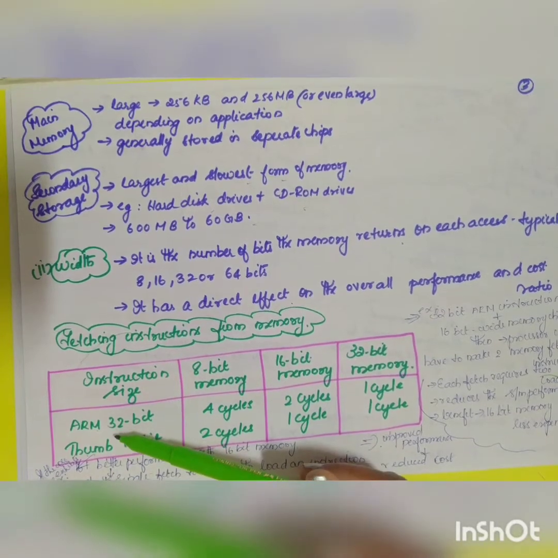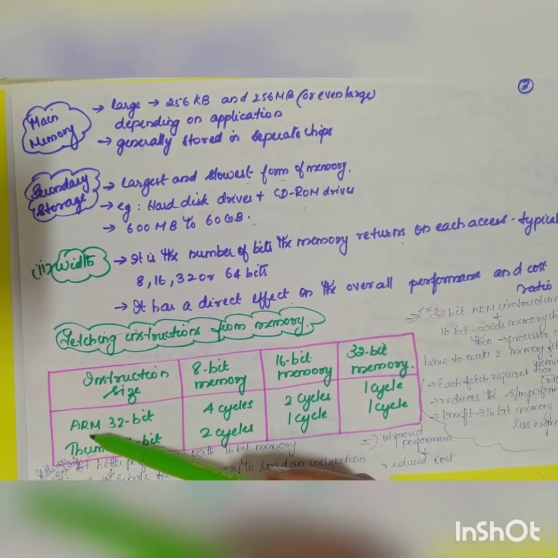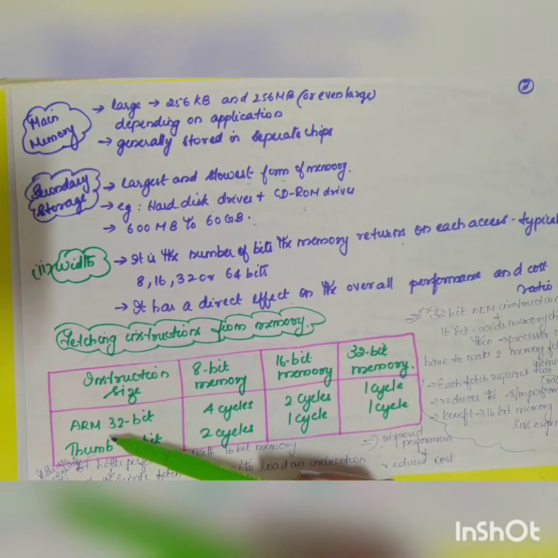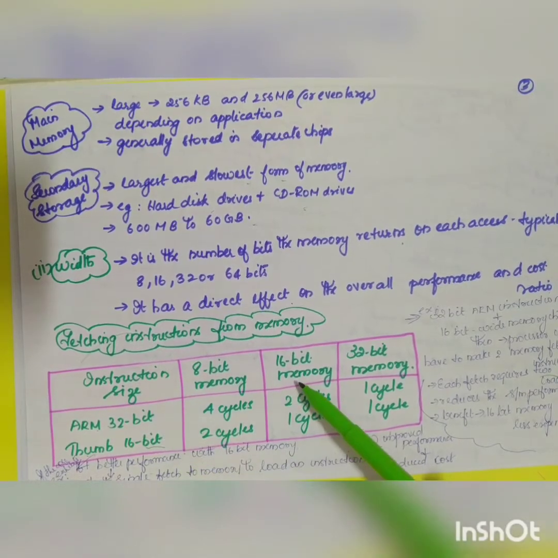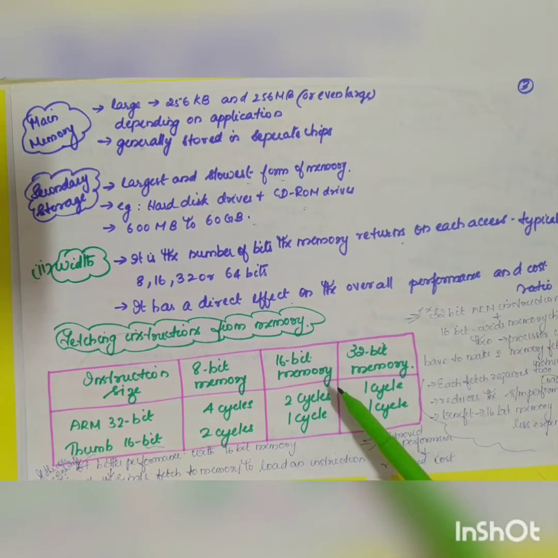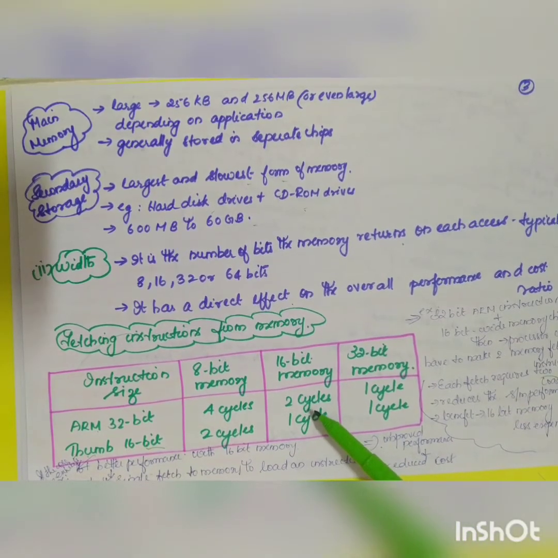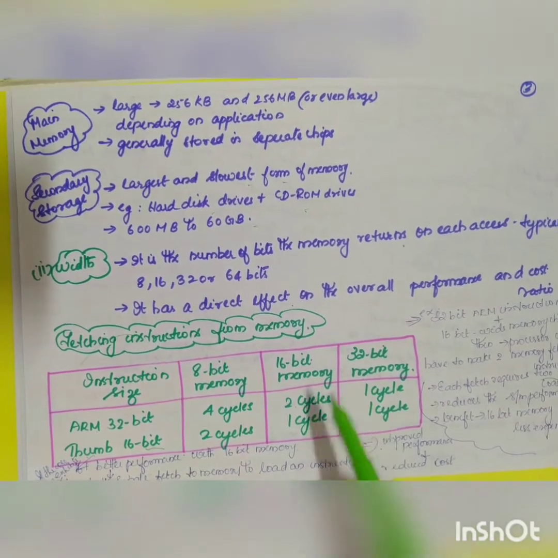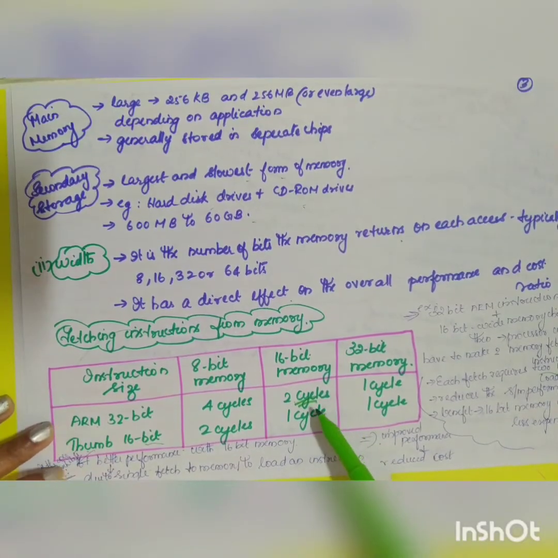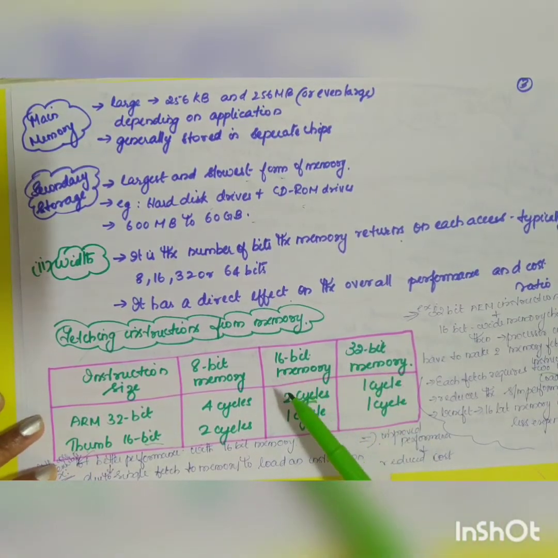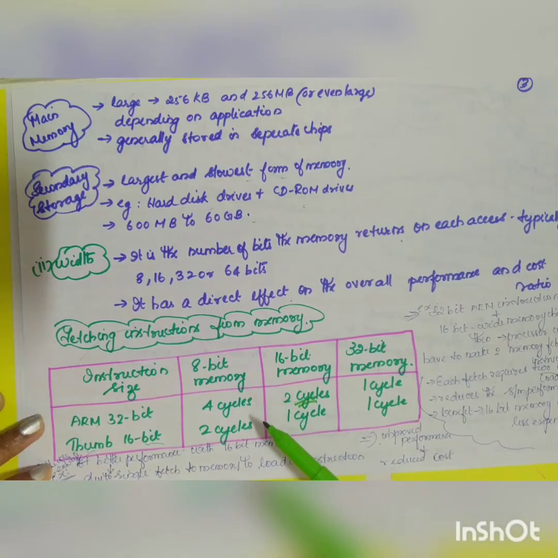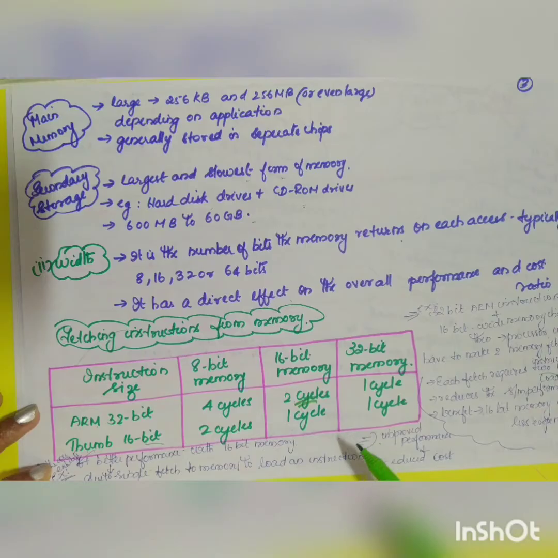Let us take the first case. If the core is using an ARM 32-bit instruction and a 16-bit memory chip, then the processor will take two memory fetches, two cycles, per instruction. Each fetch requires a 16-bit load, so it reduces the system performance.